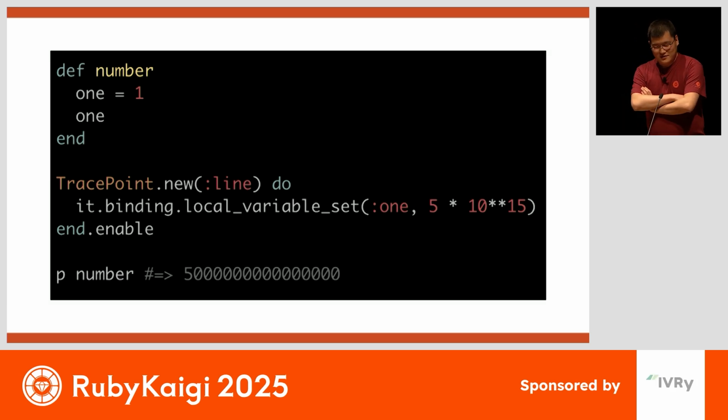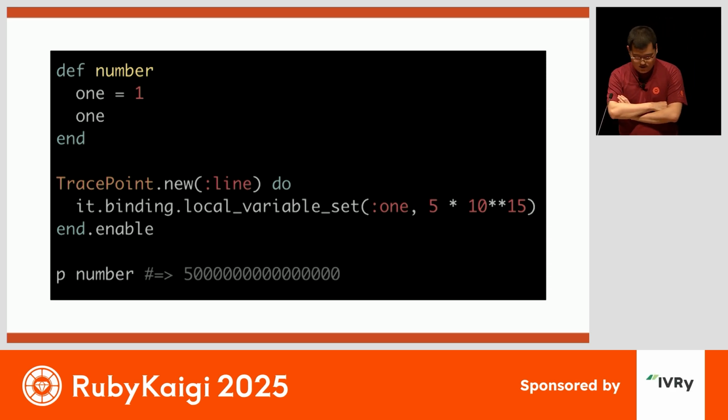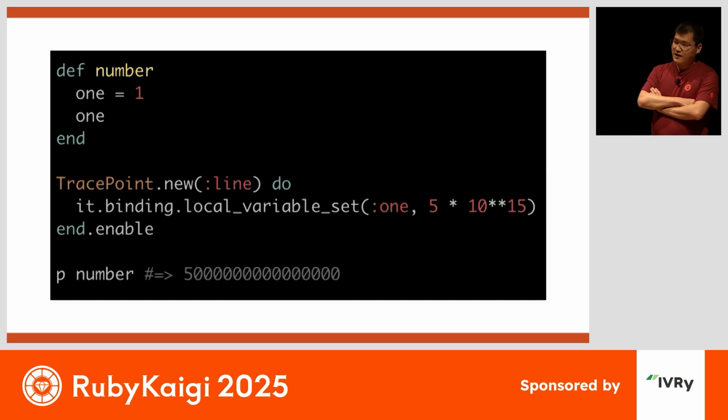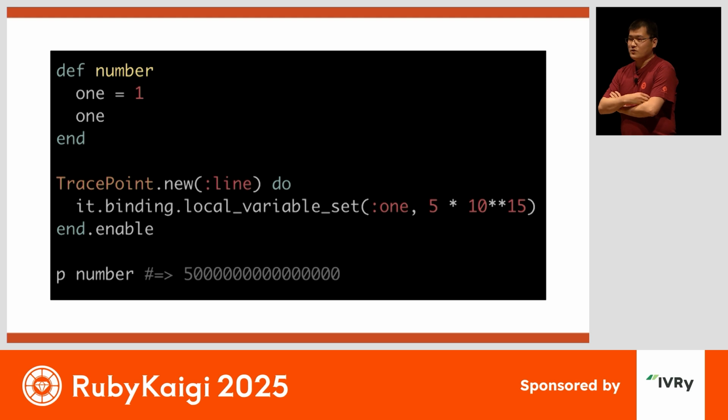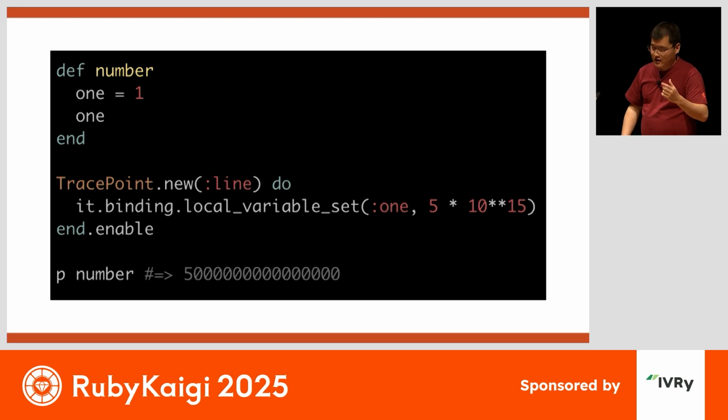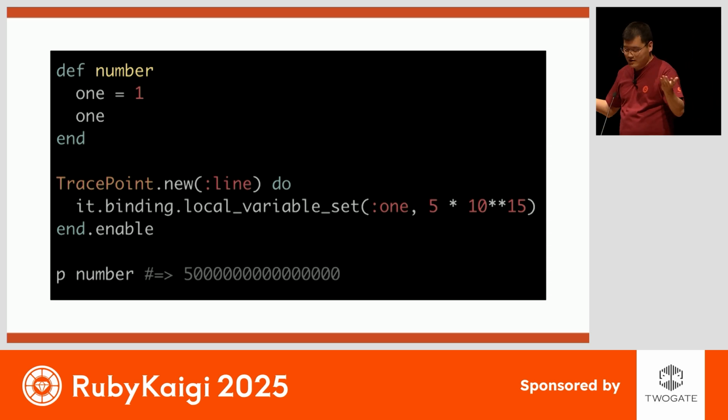There are thousands of features that break this kind of optimization in Ruby, and this example has the trace point. In particular, it's a line trace point. If you define the line trace point event, when you execute another line, you hook the execution of Ruby and can do anything there.